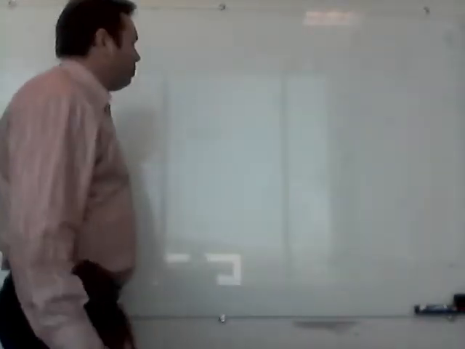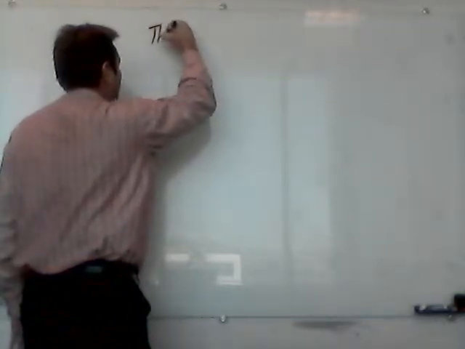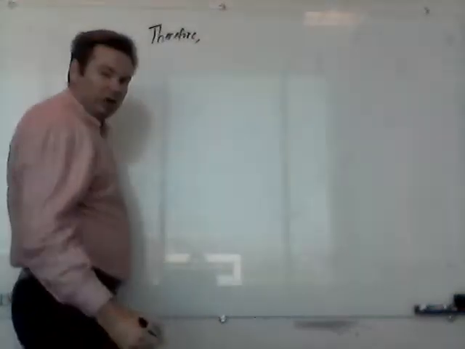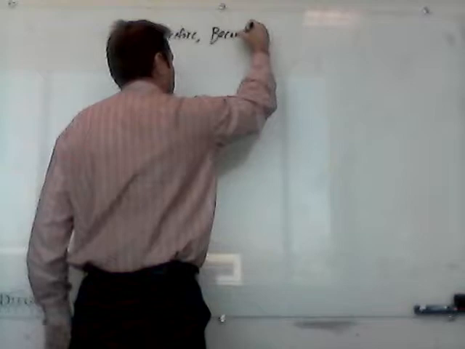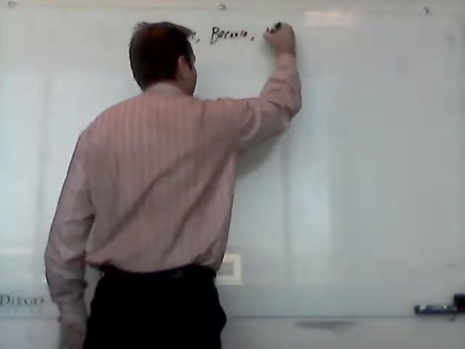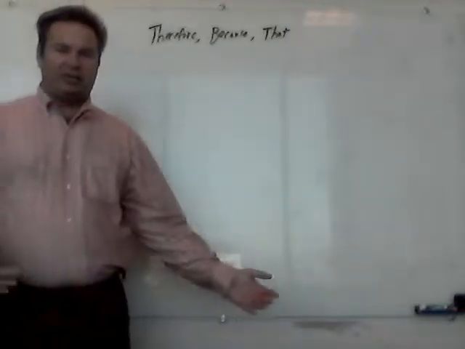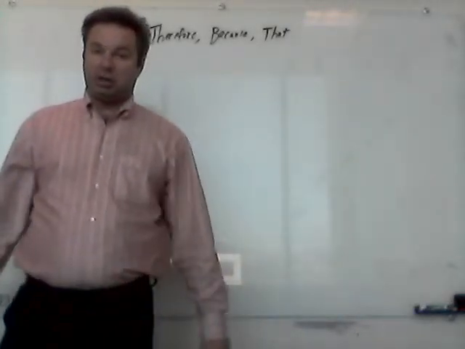And so usually these will be introduced with words like therefore, or because, or that. And that is kind of shorthand for possibly in order that or with the result that.